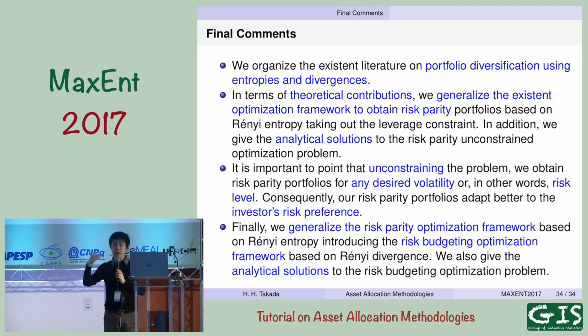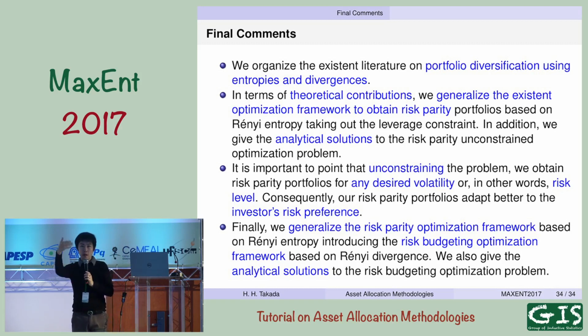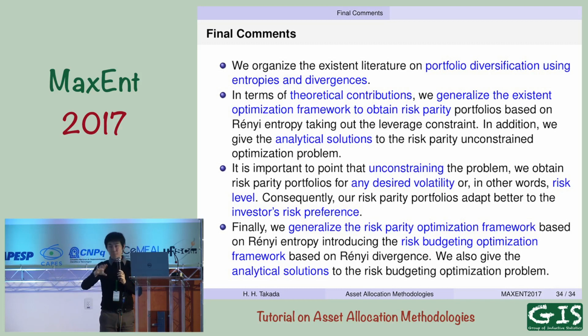We just considered a single time horizon, but if you have multiple period asset allocation, you need models not only for the expected value in the future at a certain time horizon, but you need to generate all the trajectories of prices in the future together with the correlations to do the optimization. Okay? So it becomes like a stochastic control problem. It's something very interesting that we also do. So that's it.